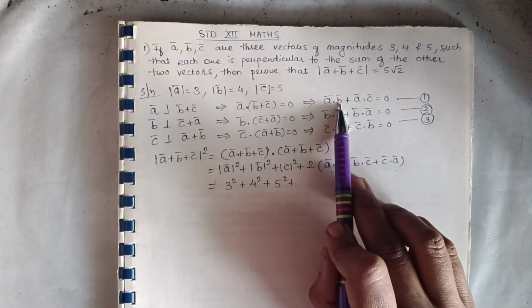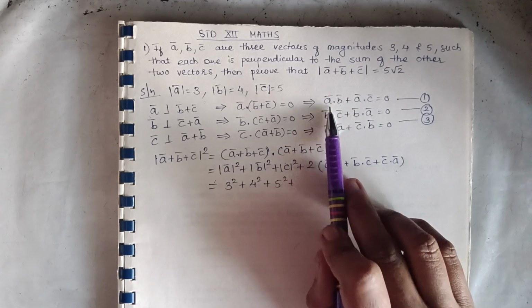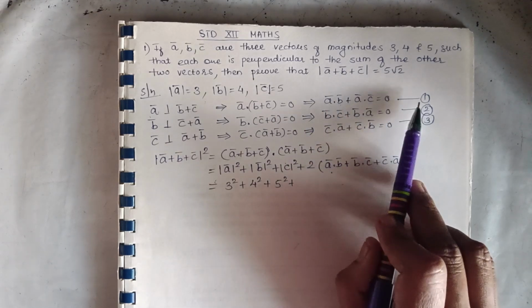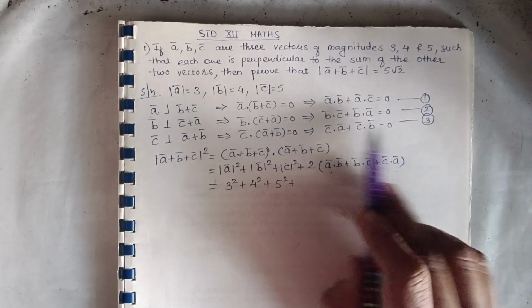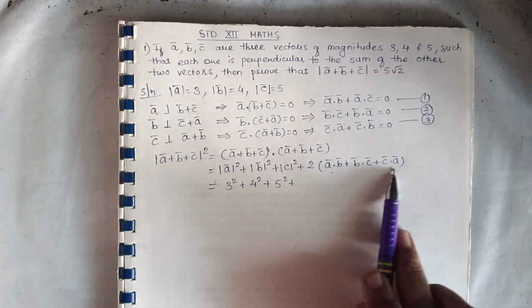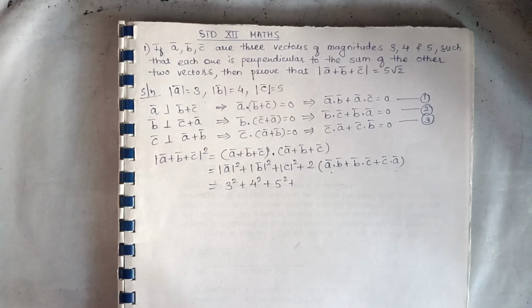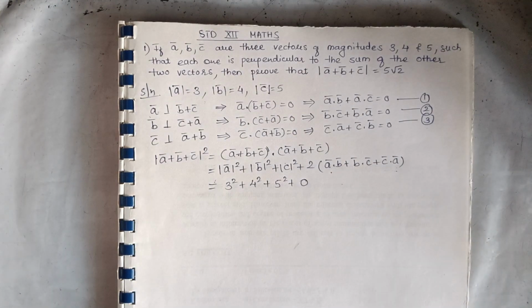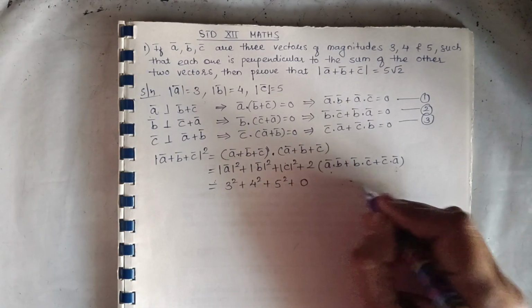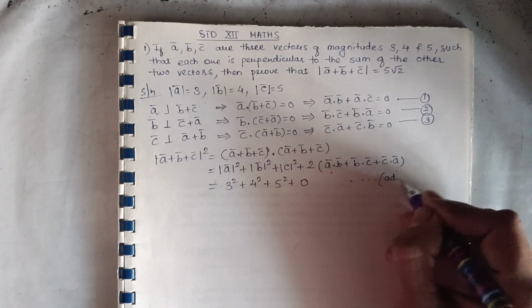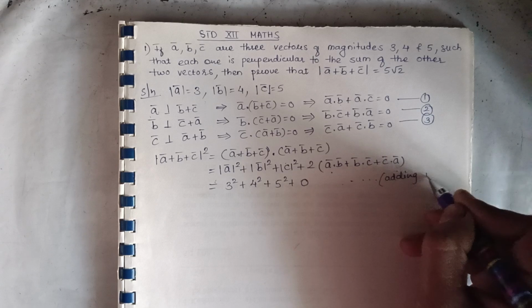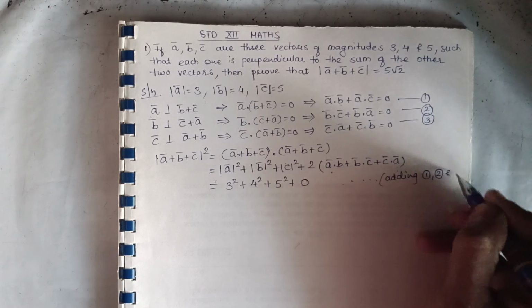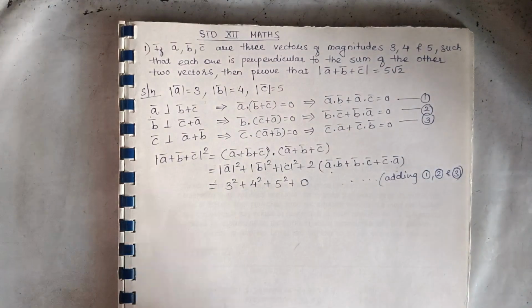A dot B plus A dot B, so 2 times A dot B. So if you add 1, 2, 3, you will get this thing, and that is equal to 0. So you can put 0 here, adding 1, 2 and 3.